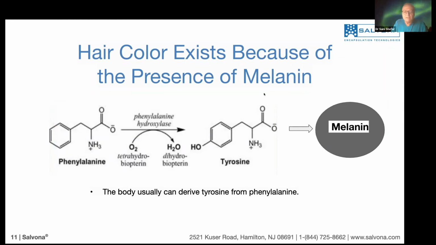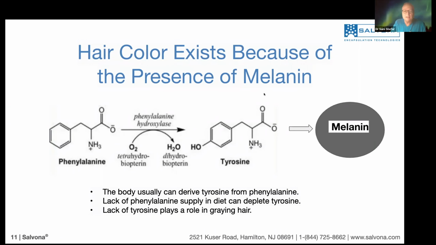So tyrosine is the basic substrate to produce melanin. If there is not a sufficient level of phenylalanine, there will not be tyrosine. If there is no tyrosine, there will not be melanin. And if there is no melanin, there will be gray hair. Okay, so this is the process to understand.